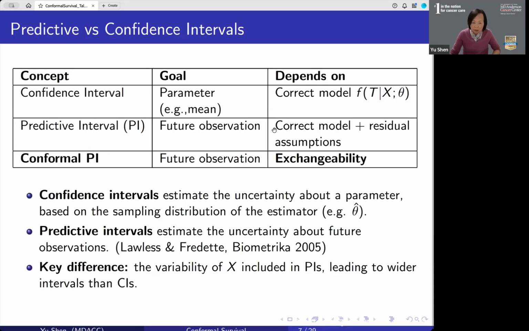We do not need a strong model assumption, but we do need the assumption that training data and test data are exchangeable. This exchangeability assumption is even weaker than the IID assumption. Of course, there's no free lunch, and given this flexibility, typically the estimated conformal predictive interval will be wider than conditional intervals, but it has the flexibility of being model free.